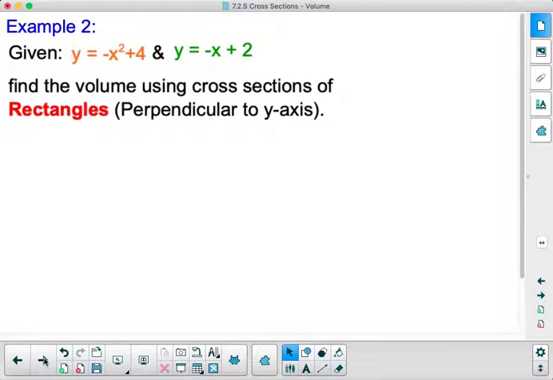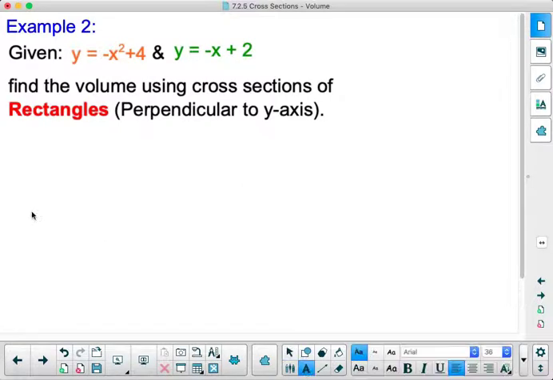See if you can set this one up. This time we're actually using cross sections of rectangles. The one thing I should add on here, let me type this.